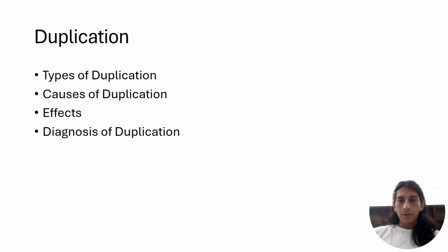Duplication is a type of chromosomal mutation that involves the copying of a segment of DNA from a chromosome. Duplications can occur in any chromosome and can range in size from a single nucleotide to an entire chromosome arm. Again, it's almost the same as a deletion. There are several types of duplication as well: tandem, dispersed, and gene duplication.